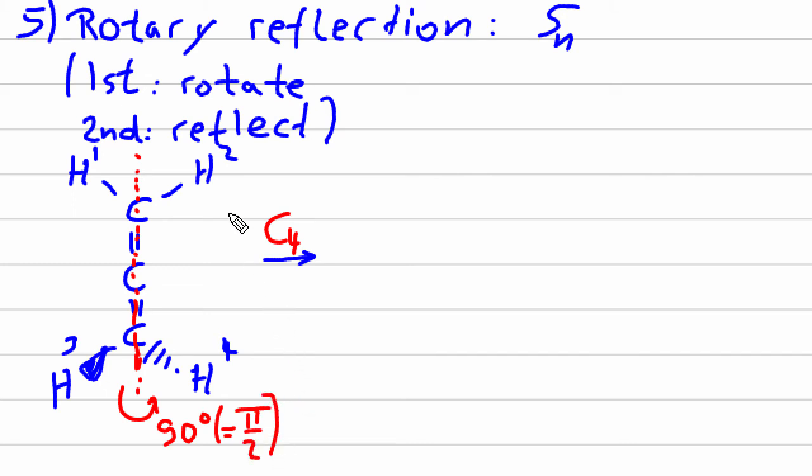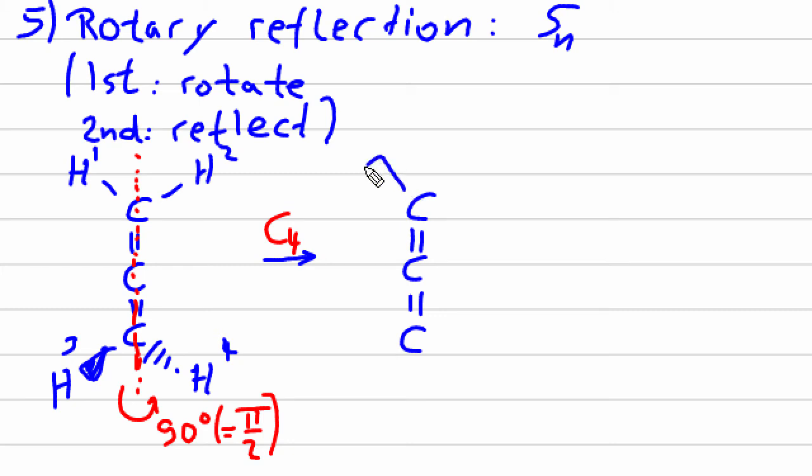What happens if we do that? Let's draw our carbon backbone of this molecule again, because this is our rotation axis, so nothing changes here. But what changes with the hydrogen atoms? Now this hydrogen atom here, when you rotate it by 90 degrees, moves out of the plane.